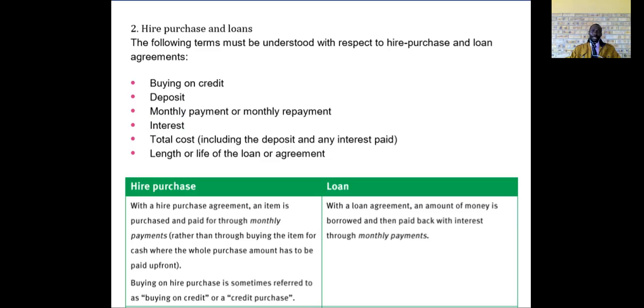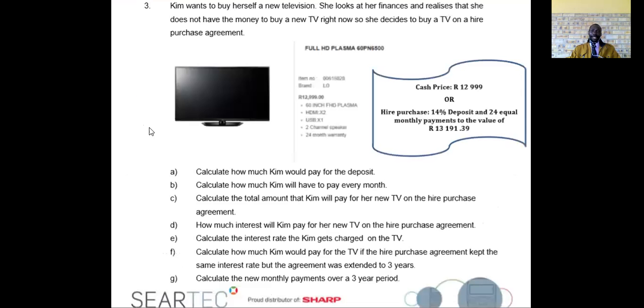And so after getting the TV, you now have to pay the money which is due. Very much like saying the monthly payment, like in this case, 24 equal monthly payments of this value. You see that? So the 24 monthly payments should add up to this amount of money here, which is 13,191.39.